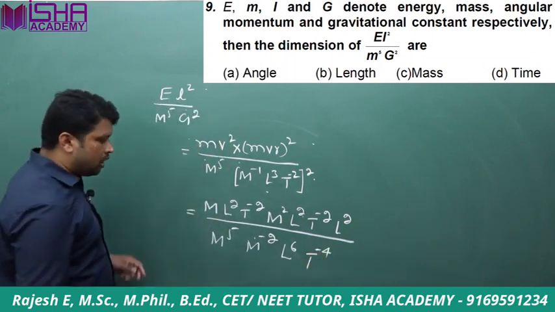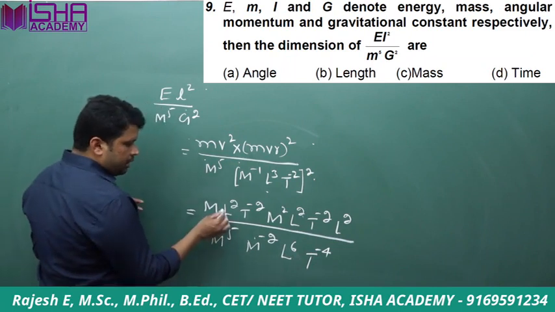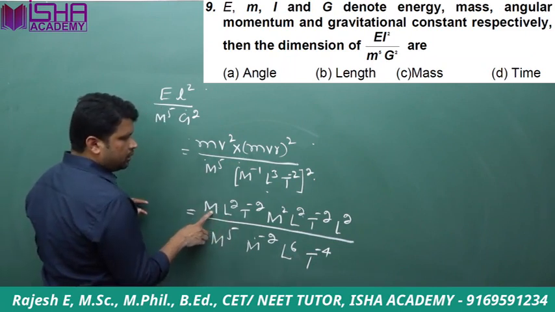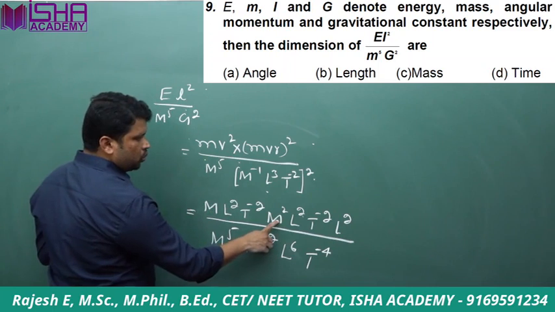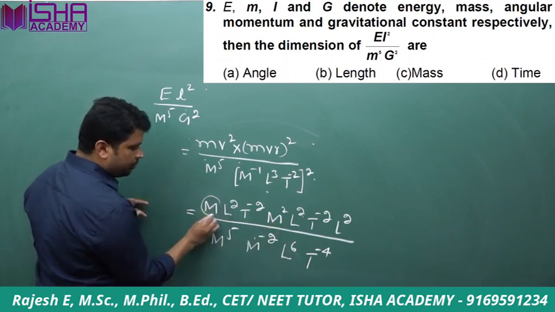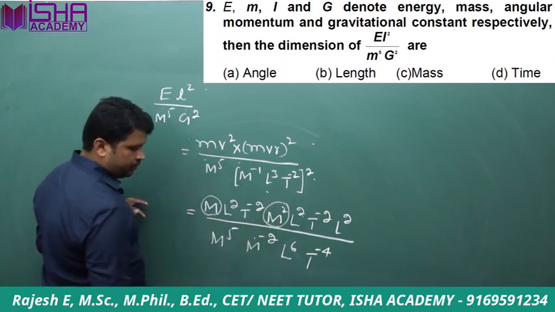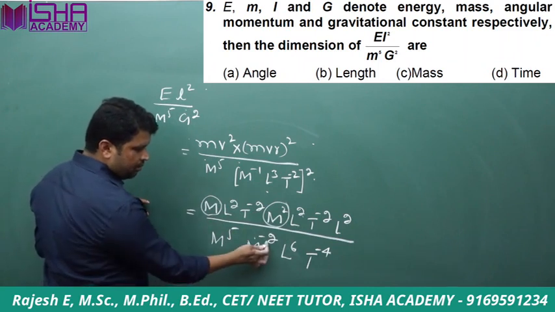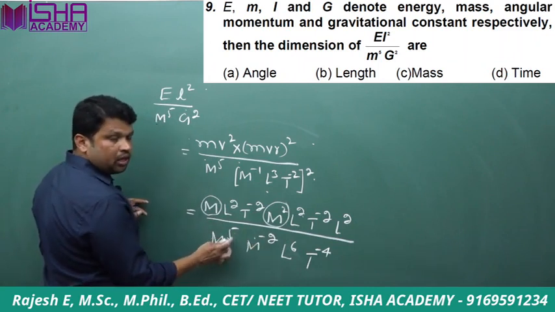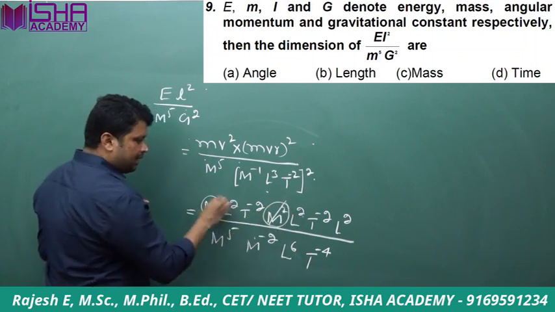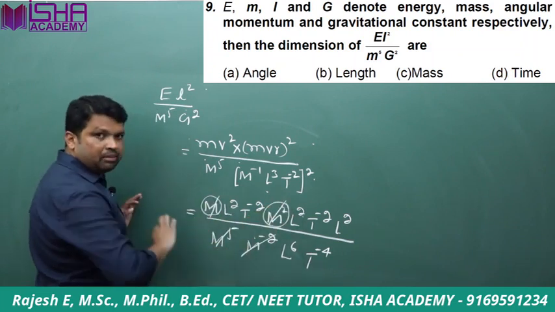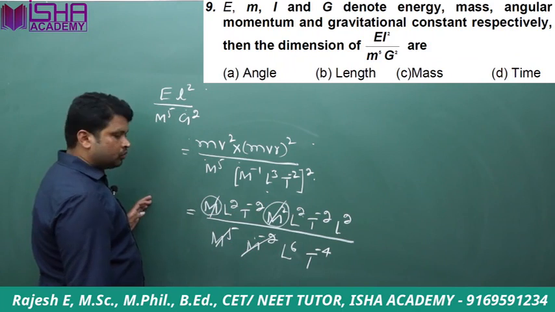Right? So now cancel this. M power 1, m power 2, so m power 3. So this is m power minus 2, m power plus 5, so m power 3. M power 3 gets cancelled. So m is cancelled. Right?